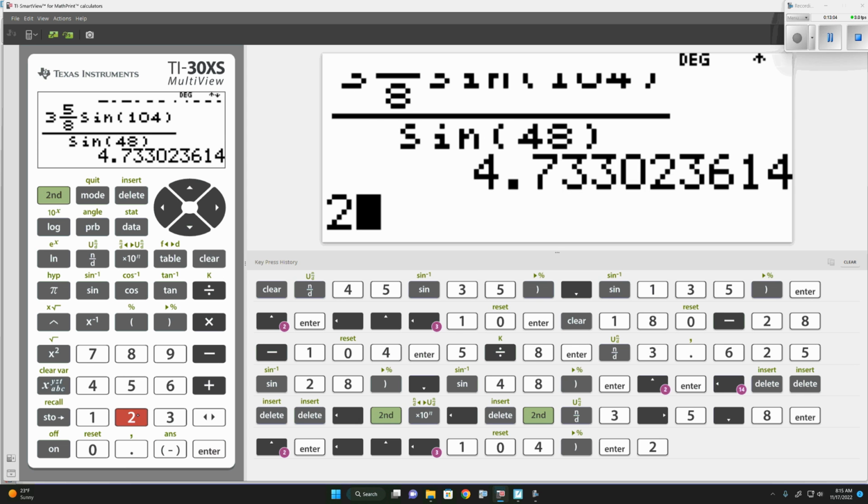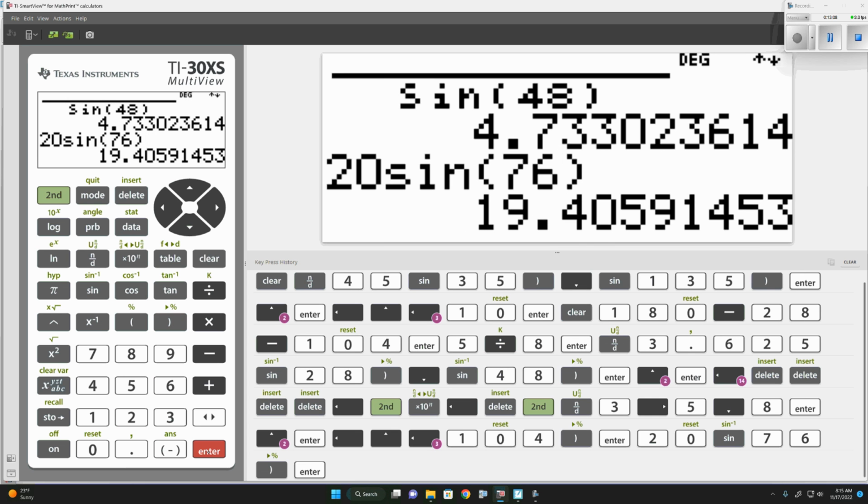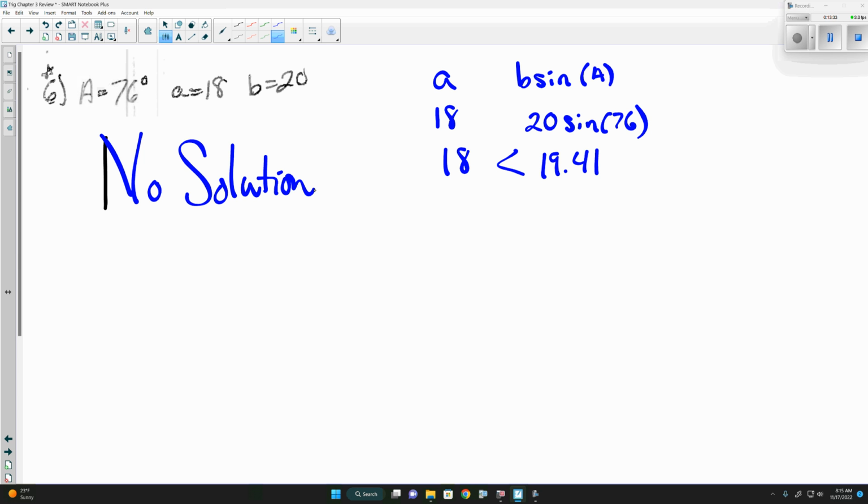So in the calculator, we can do 20 sine of 76 degrees, and we get 19.41. Well, 19.41 is bigger, yes? So how many solutions do we have? None. So this is no solution.